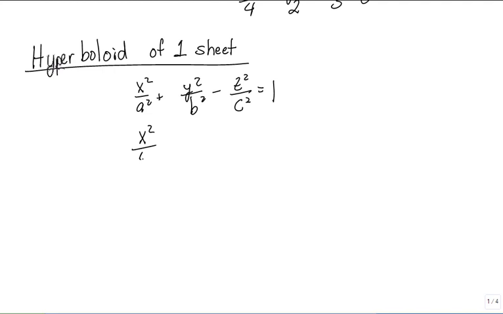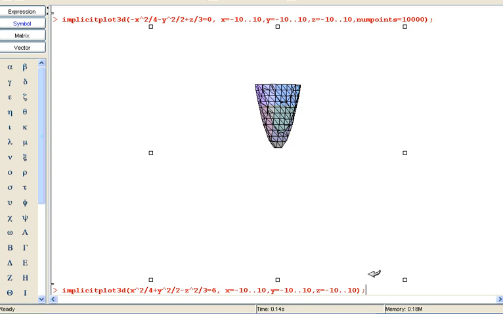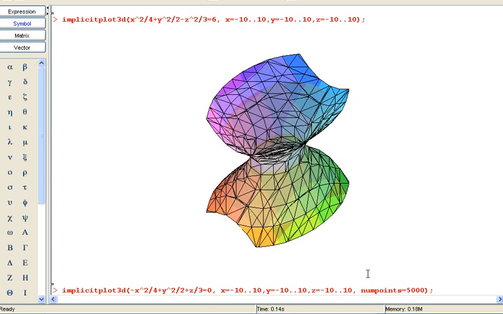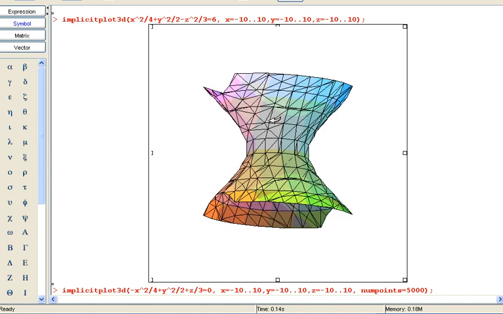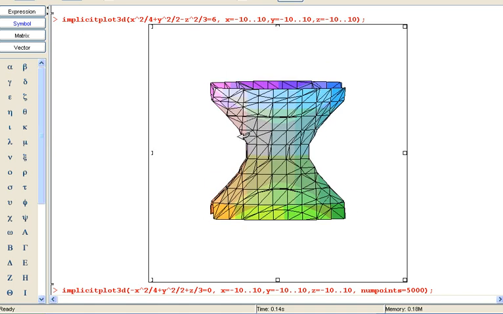So let's see what this looks like. And again, we're going to use Maple. And see if we spin this around, we have an ellipse. So the ellipse is one of the traces, and it's kind of like a funnel, two funnels put together.